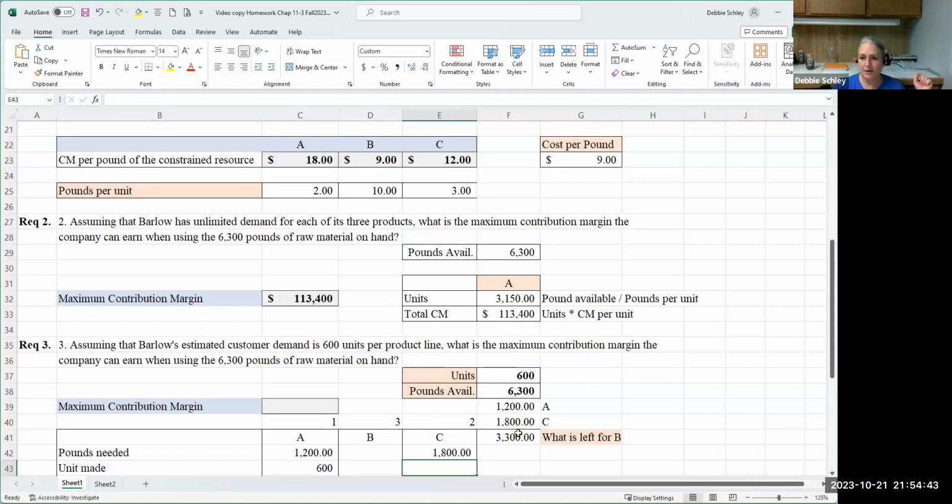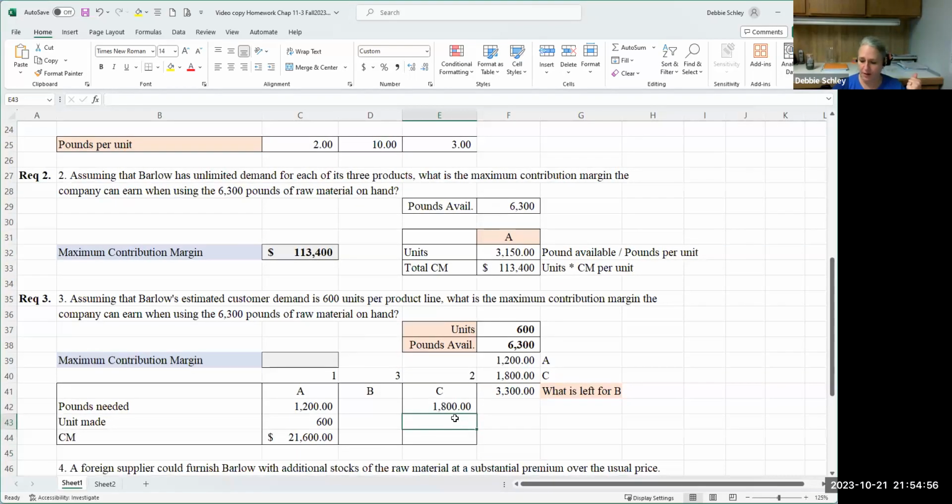So I had 5,100, and there's my 1,800 and it gets subtracted. So when I get to it, 3,300 is what I have left over for B. So we were able to make all 600 units of C.